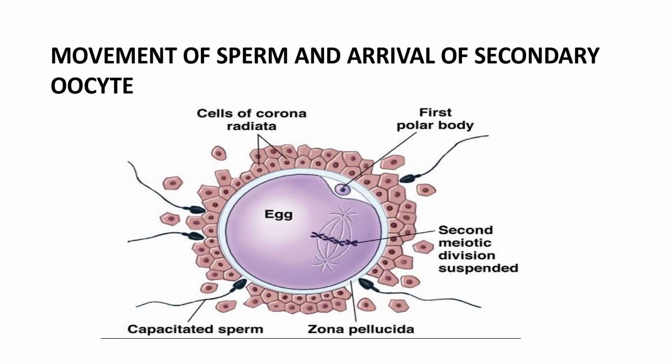So, in this diagram you can see a secondary oocyte which is arrested in meiotic division, the meiotic division is not yet complete, it will be regained after fertilization, and we see a lot of capacitated sperms which will have a chance for fertilization.